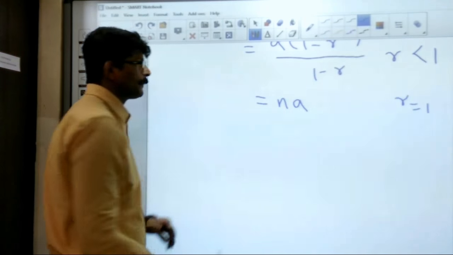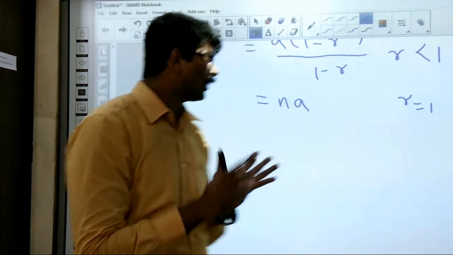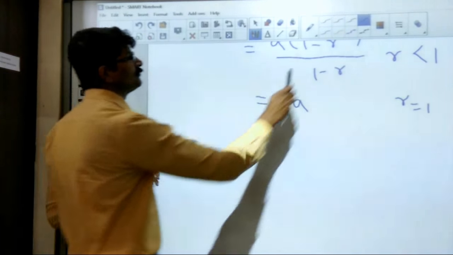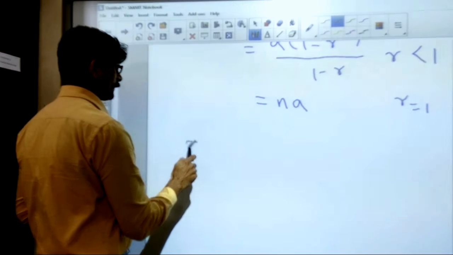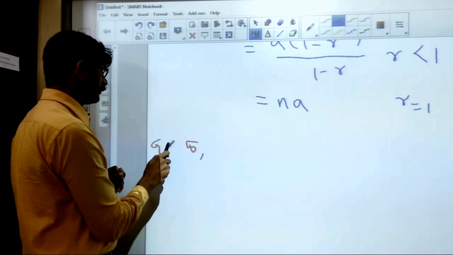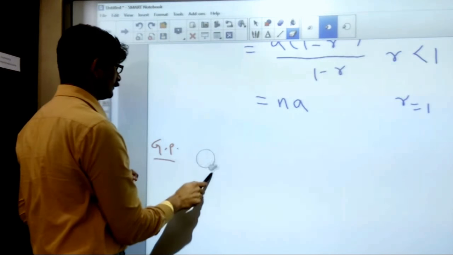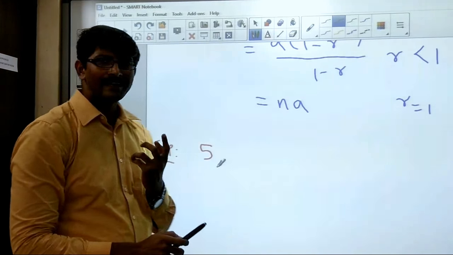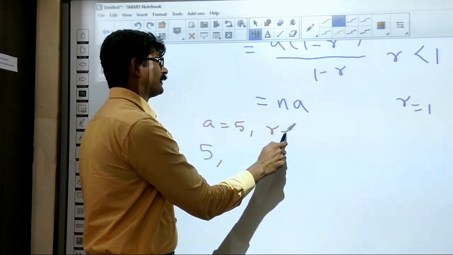Suppose R is 1. Say my first number is 5. Now we are forming a geometric progression where the first term is 5 and R is 1.